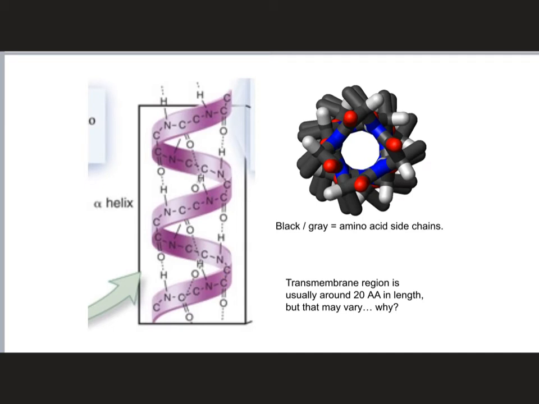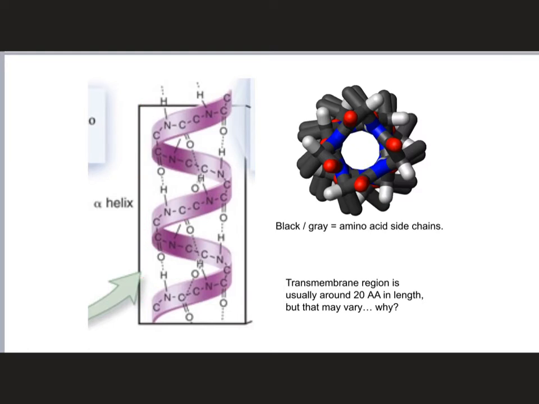So here we have the carbonyl, central carbon, amine, carbonyl, central carbon, amine, carbonyl, central carbon, amine. This carbonyl here is 1, 2, 3, 4 away. And so basically in doing so, all of these hydrogen bonds are internalized straight up and down.